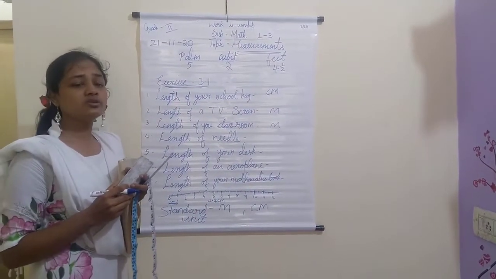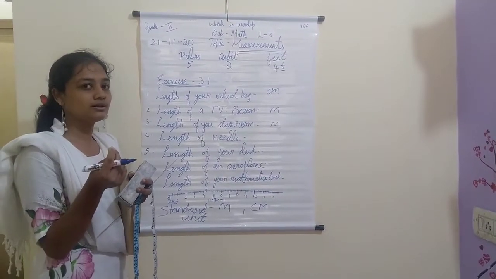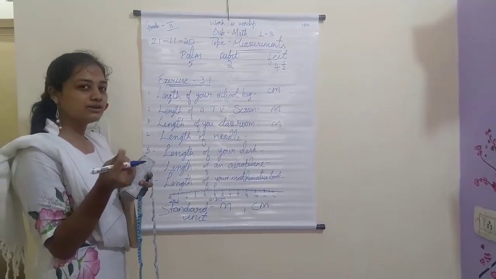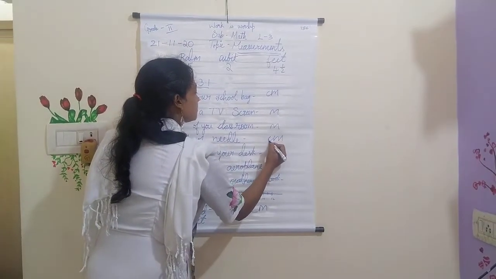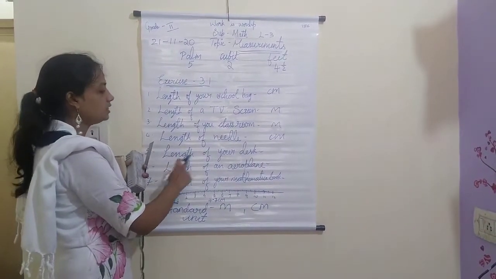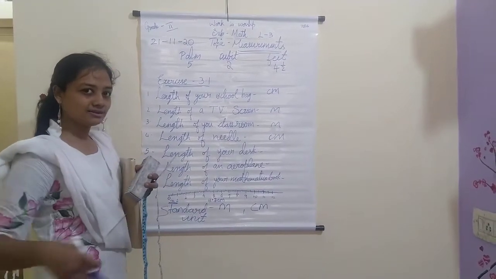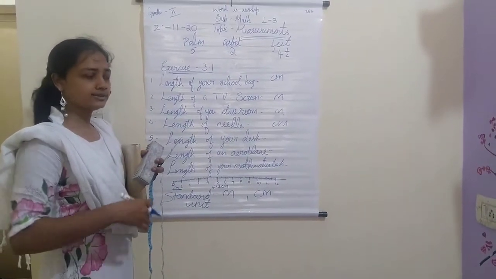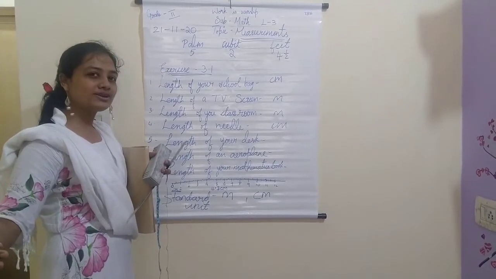The length of a needle. You all know needles which we use to stitch cloth. So that will be centimeters. Next one, the length of your desk. Your school desk, that is little big only, right? So what will you use to measure your desk?